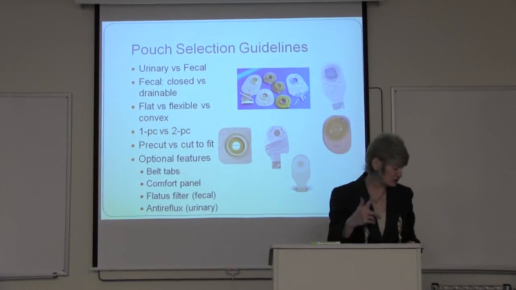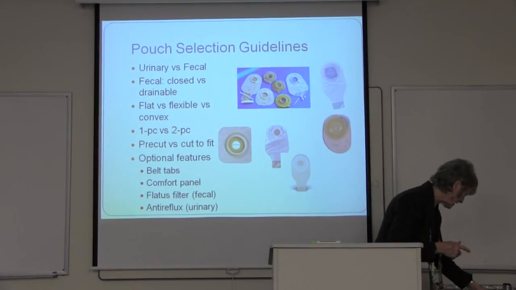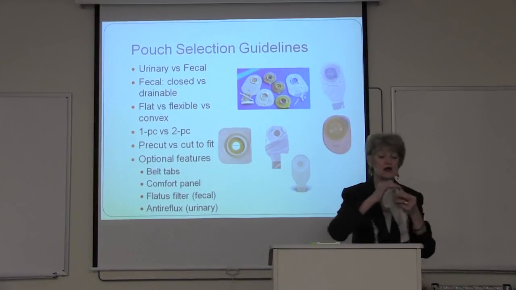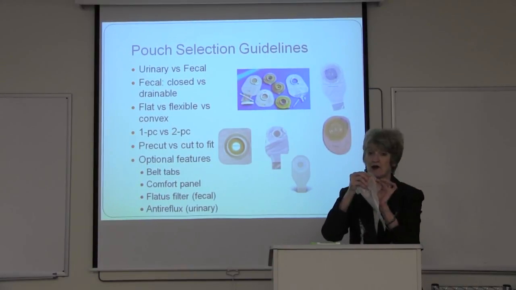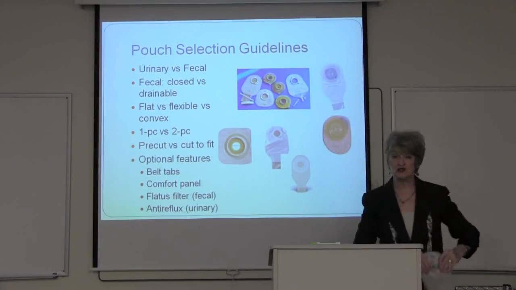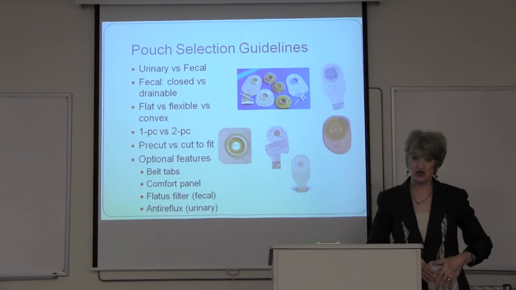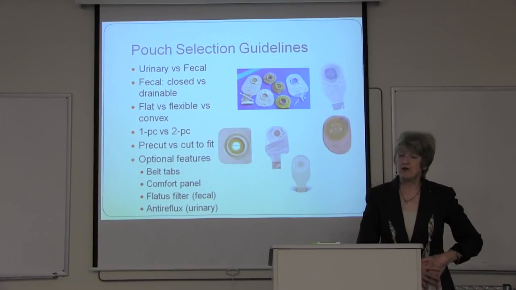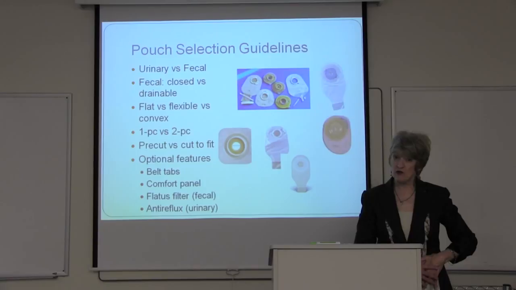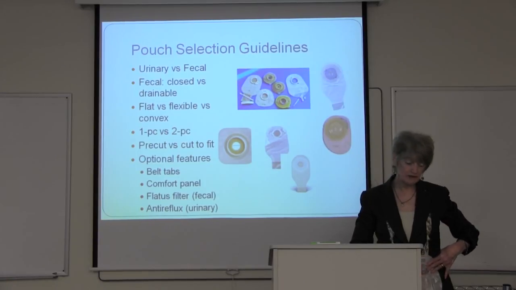And then there are some optional features. I brought pouches that have at least some of these. A lot of your pouches have belt tabs, which allows the patient to attach a belt for more security. That's appropriate only if the stoma is close to the belt plane or close to the waistline.